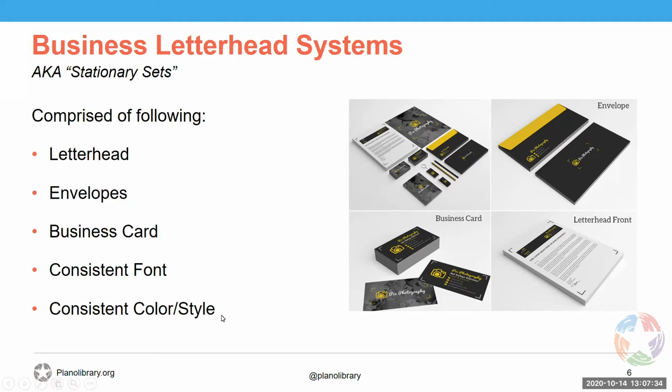Consistent color and style is important because, as you can see, all elements in this example to the right have consistent colors, but you can see that there's a camera there, and the black is really assisting that message for the professional aspect of the photography.